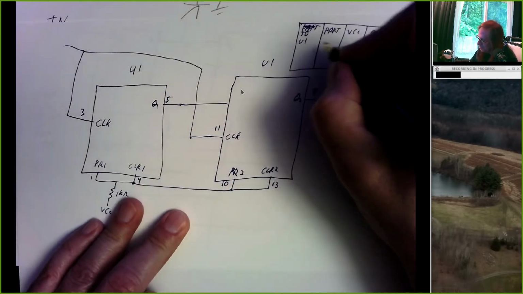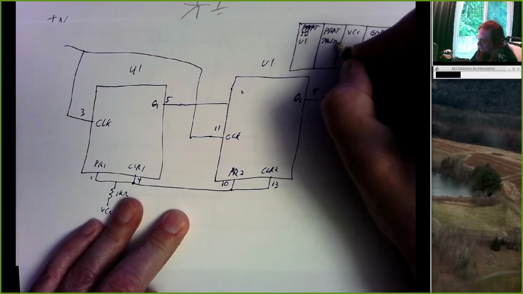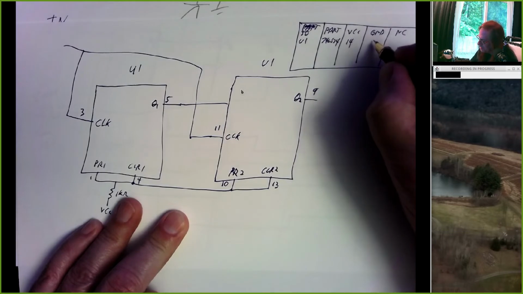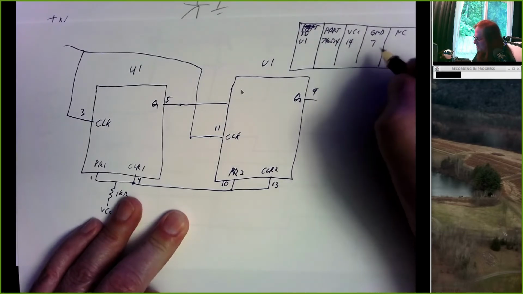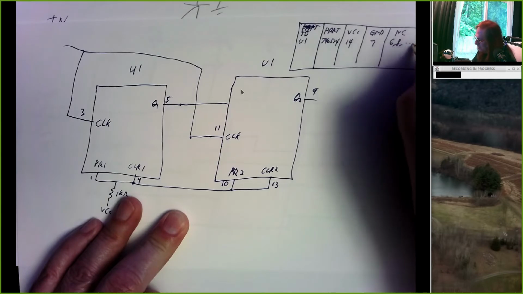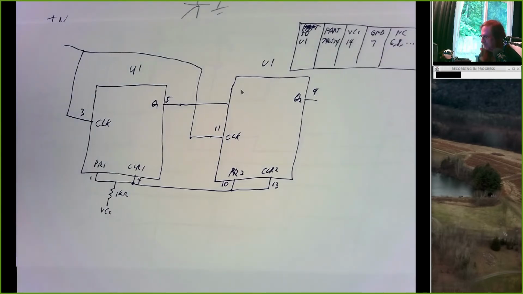So U1 might be 74LS74, VCC on 14, ground on 7, and no connection would be 6, 8, and whatever other pins you don't use.